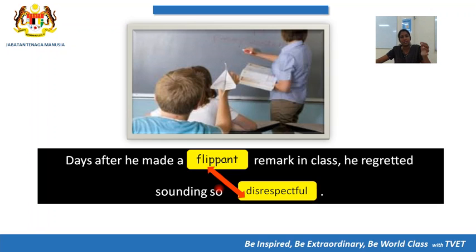He's going to disturb the class. Probably he's going to fly that towards the teacher. So it shows a bad behavior, am I right? While disturbing the lesson. So let's look at the example.